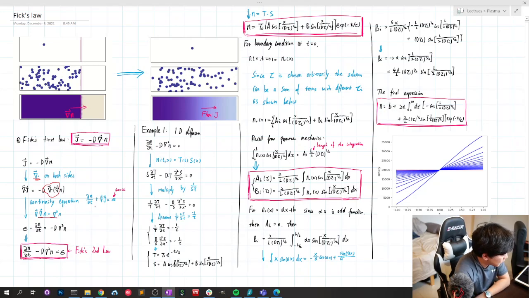We'll plug grad J into the continuity equation, left with sigma minus dn/dt equals negative D Laplacian of n. Tidying it up, we end up getting Fick's second law.